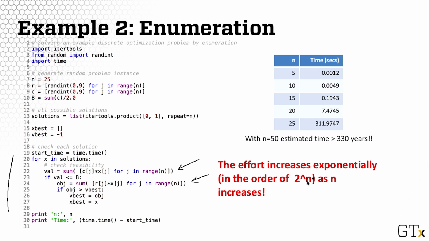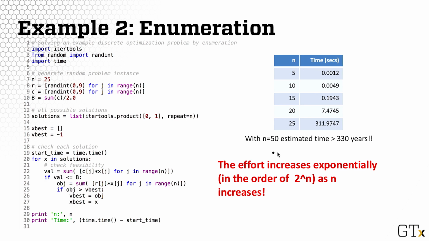Unfortunately, as we have discussed before, the effort of this algorithm increases exponentially. Why? Because if there are n decision variables, each of them taking values of 0 and 1, there are 2 to the n possibilities. So there are 2 to the n possible solutions that we have to loop through. Therefore, the effort increases exponentially. This is an exponent, where n appears in the exponent.